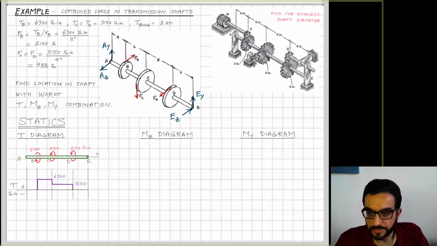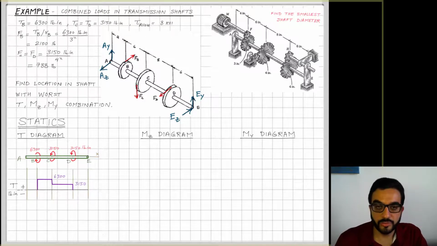Now moving to MZ, the moment around the Z-axis. I will look for the view of the shaft that shows the transverse forces relative to z. Another way is to look through the z-axis, and this will be the side view you consider for the shaft.